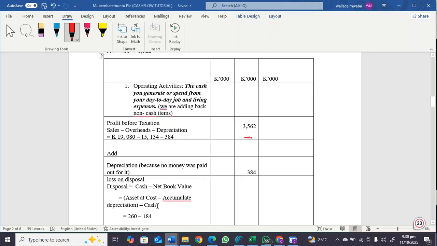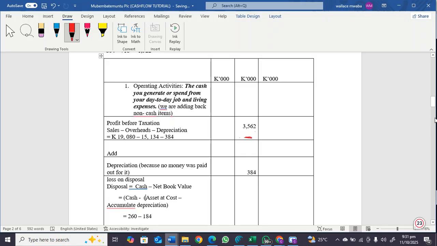Net book value, the way you get the net book value is you subtract from the value of the asset when it was bought any accumulated depreciation. That's how you get your net book value.